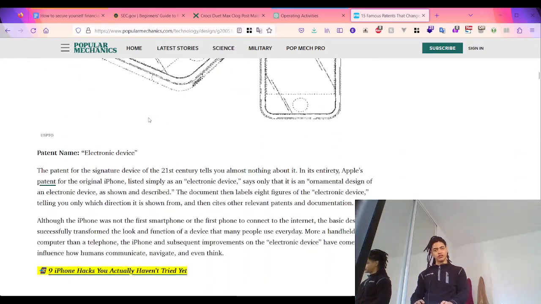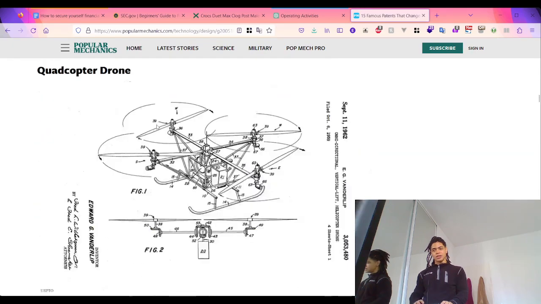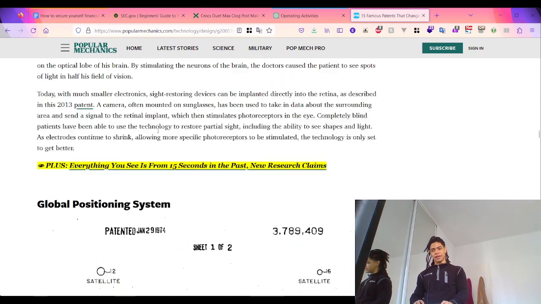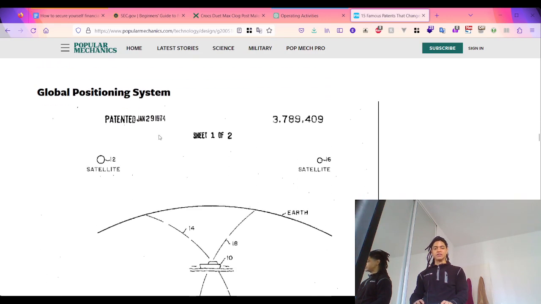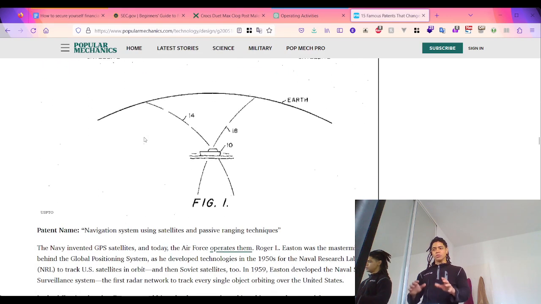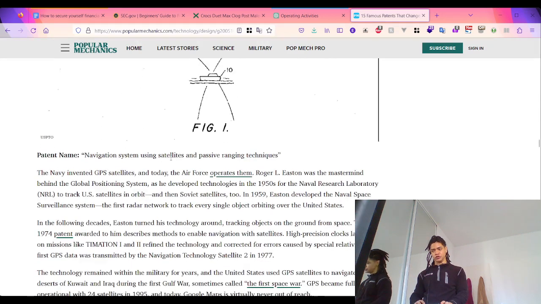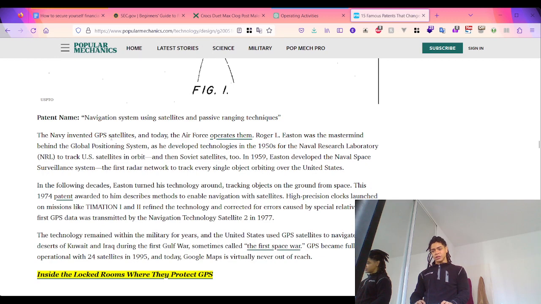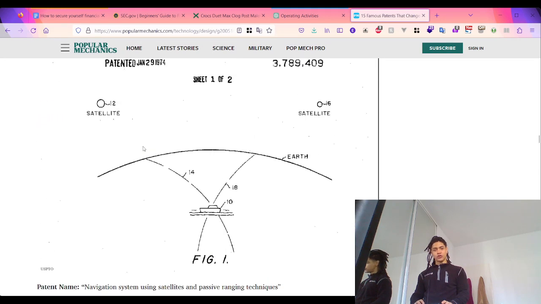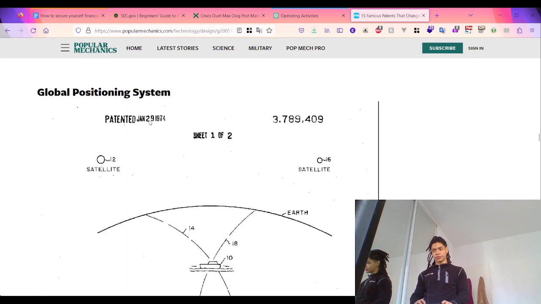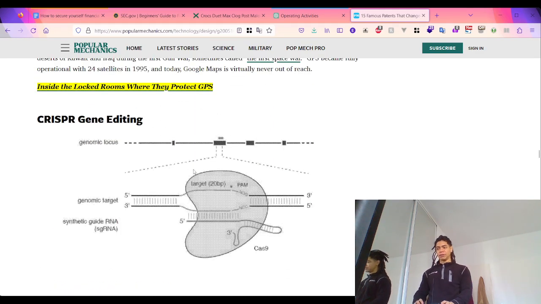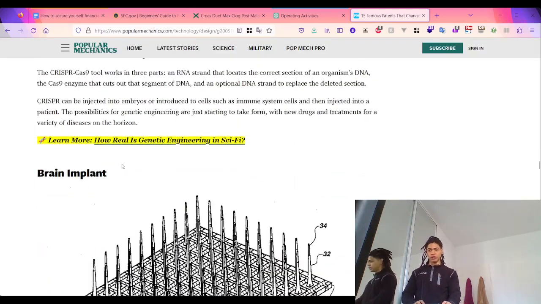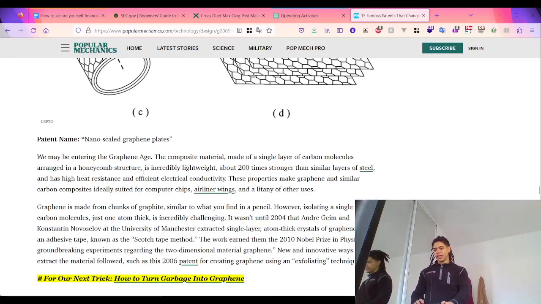The iPhone was issued in 2007. The GPS, a navigation system using passive ranging techniques, was issued in 1974. CRISPR gene editing was issued in 2014. Then you get the idea.